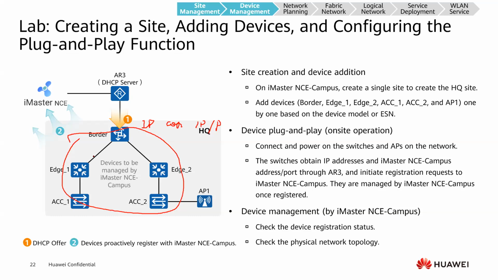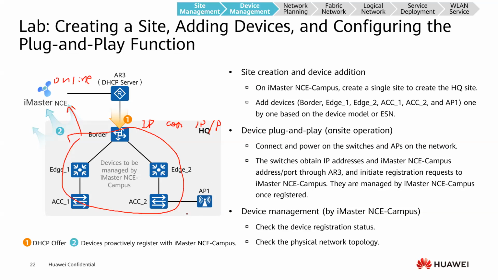And then they will just register to the controller. When the controller adds these devices, it will find all of these devices have gone online on the controller. So this is the first step for us, to create the site and to manage the devices.